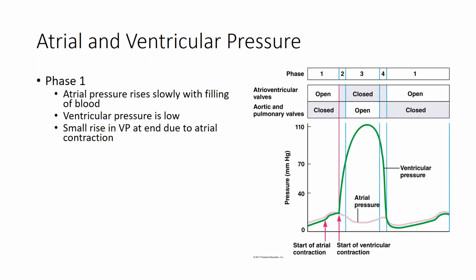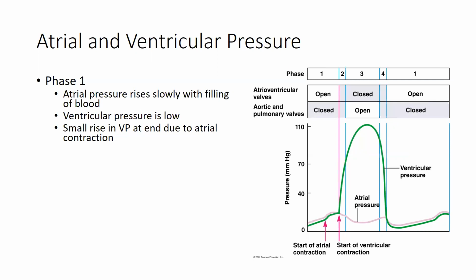The AV valves, right? So in phase 1, we have blood moving from the atria to the ventricle, and the AV valves are open. As blood spills into the ventricle, the pressure in the atria is gradually rising, to maintain the pressure gradient so that blood can continually move from the atria down to the ventricle, okay?